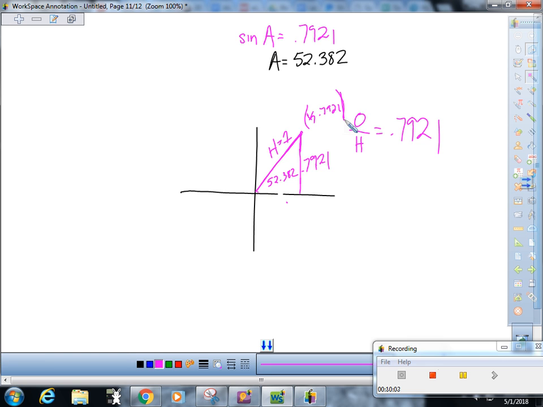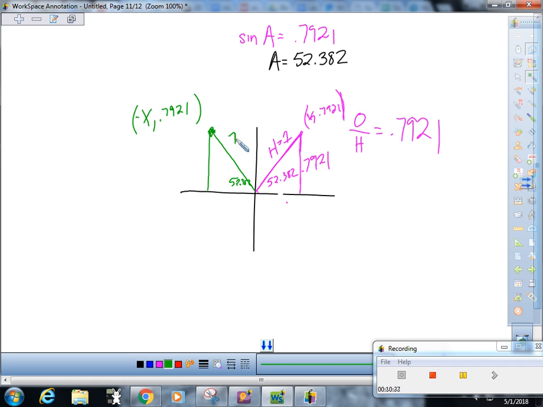Well, here's the problem with reference angles. I want you to consider this triangle right here. Okay? And this is 52. This reference angle is 52.382. Now, what is this point here if those two triangles have been reflected? Negative x, comma, positive 0.7921.